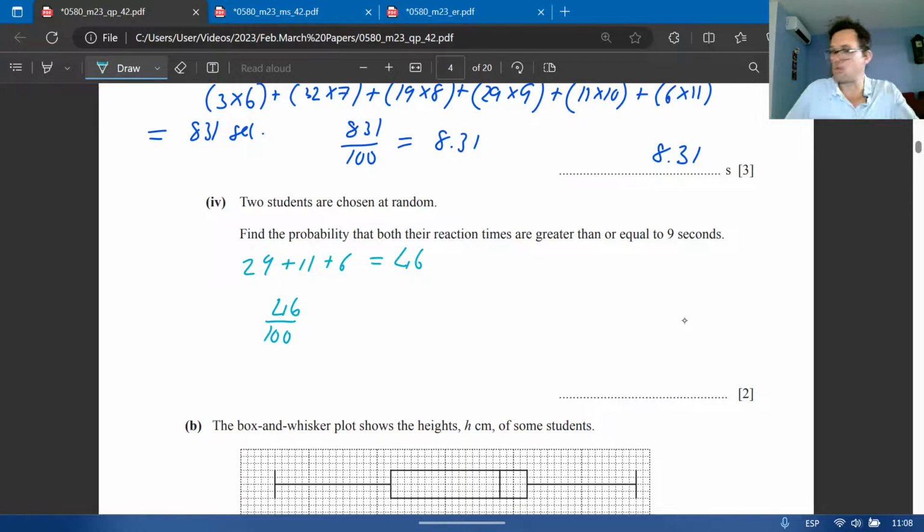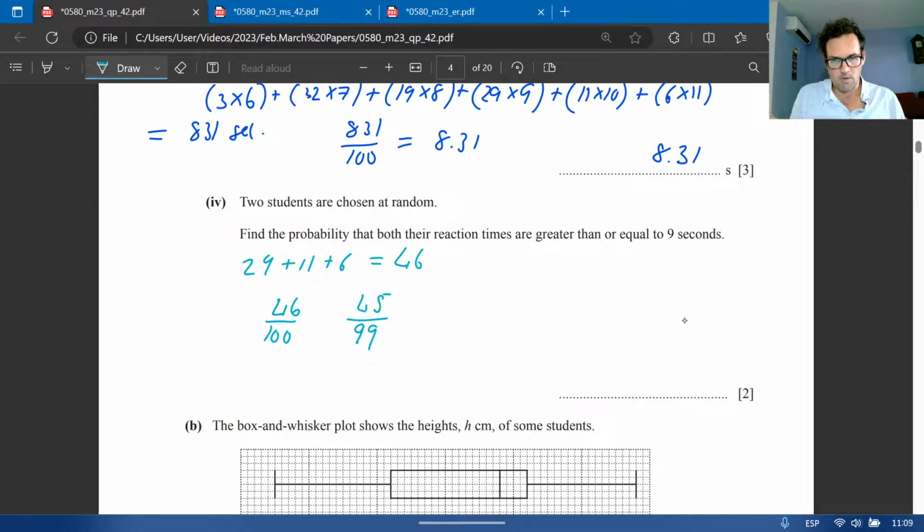We pick another one, so the second time there will be one less student in that group. The probability of picking the first one is 46 out of 100, but then picking another one will be 45 out of 99 because there's one less student.